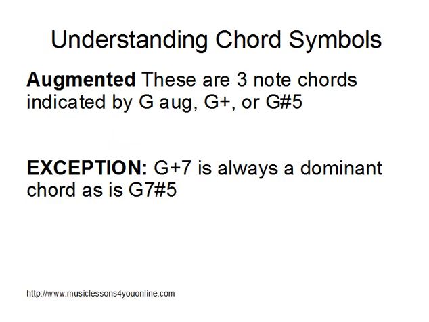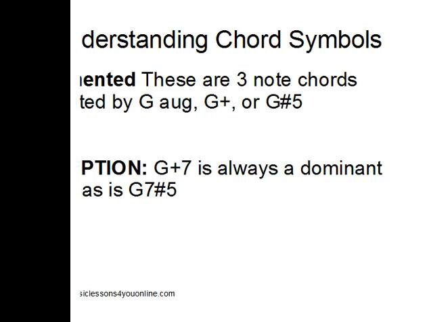And the next category is the augmented, and that's basically a 3-note chord indicated by an AUG, a plus sign, or sometimes a sharp 5, like G sharp 5. Now don't confuse that with the G plus 7 symbol, which is a dominant 7th chord, as in the symbol G7 sharp 5.